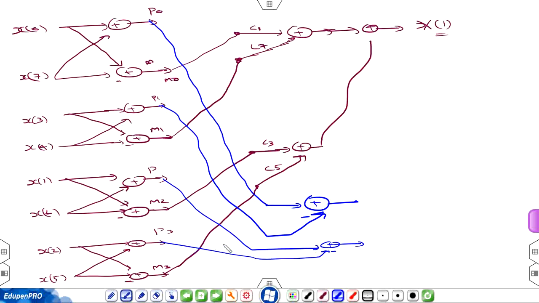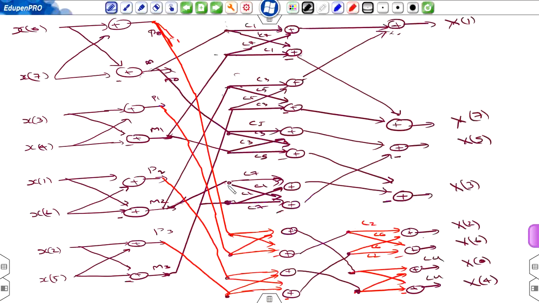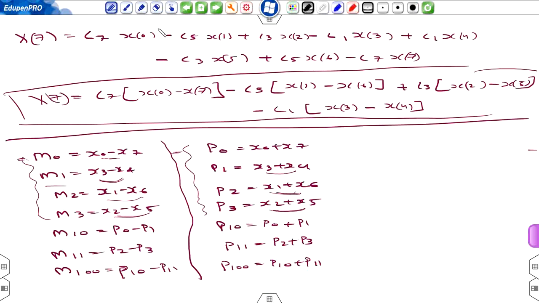Okay, so p0 minus p1 multiplied by c2 and p2 minus p3 multiplied by c6, and finally adding them. This is x2. So likewise you can generate all the values of capital X, that is x0 to x7. Okay, so this will be the circuit level implementation of these equations.